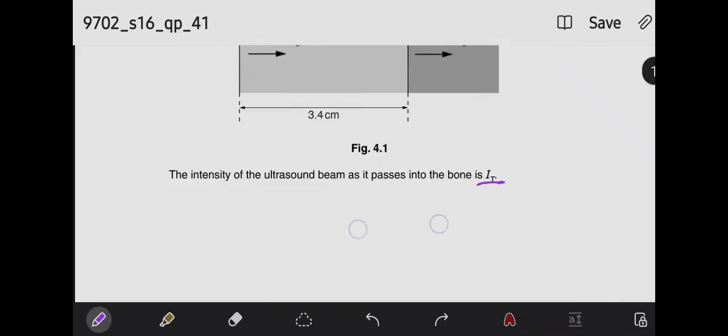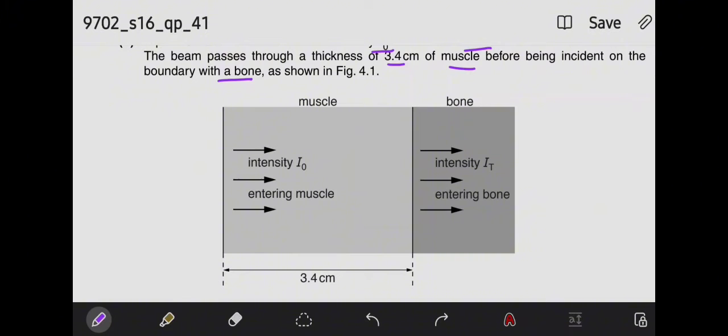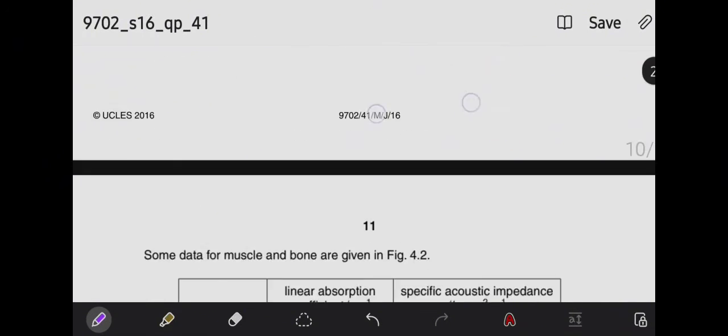So firstly, as the ultrasound beam moves through the muscle, its intensity decreases as it is absorbed by the muscle, right? So the intensity of the ultrasound transmitted in the muscle is obtained by, let me write it down here.